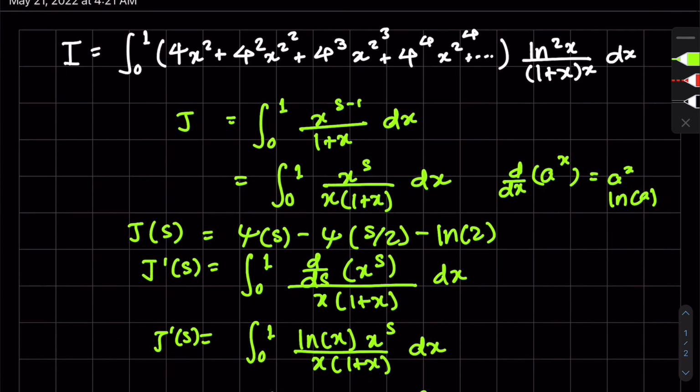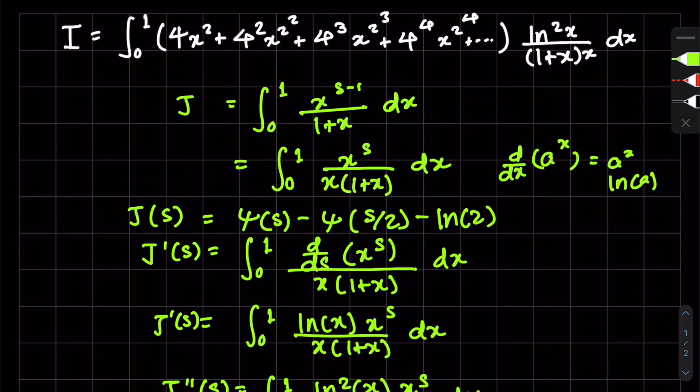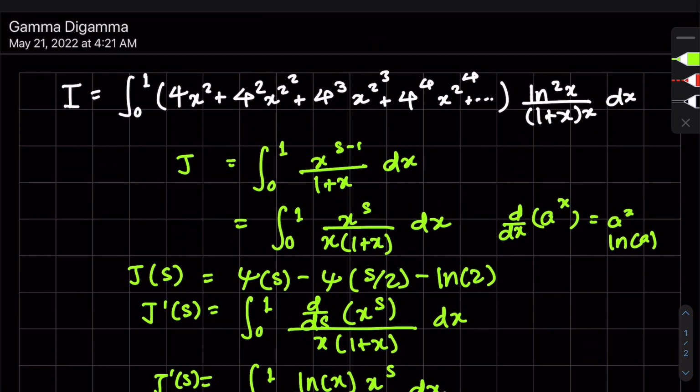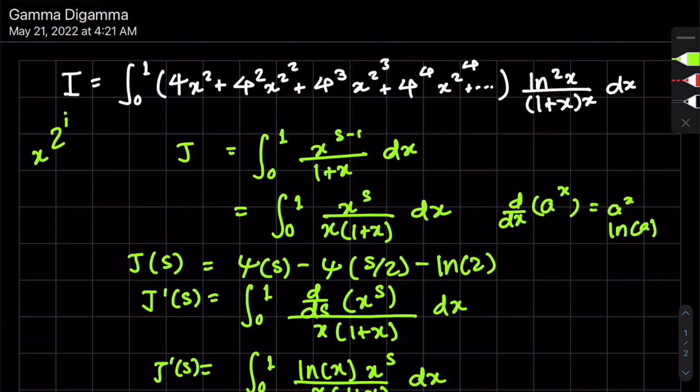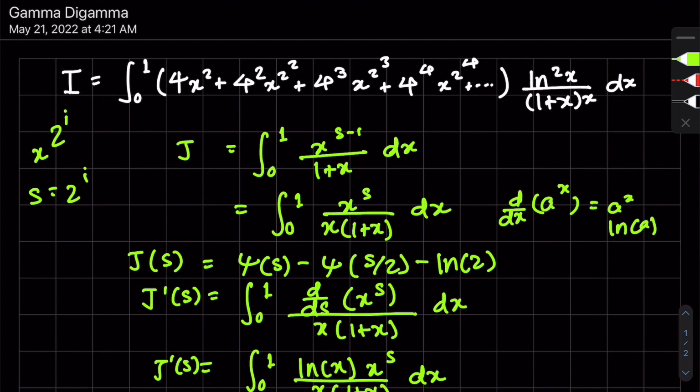Notice that the powers of x are kind of weird. You can represent them as, say, 2 to the I, where I is the power. So the power of x here is s. I want s to be of the form 2 to the I, where I is some integer, going from positive integers.